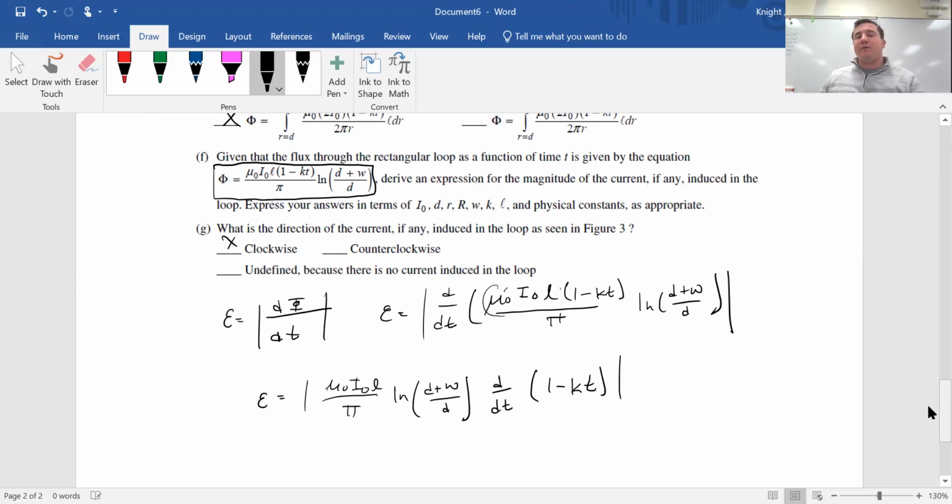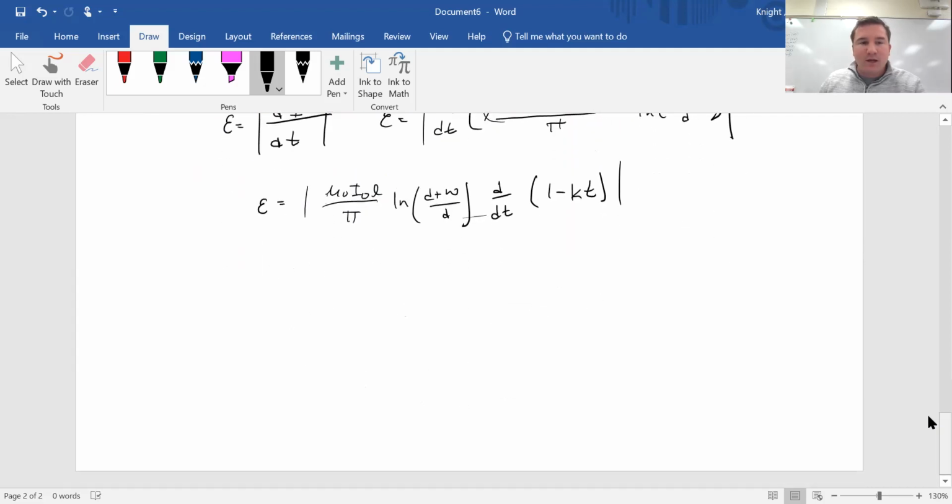The derivative of 1 is 0. The derivative of negative kt is negative k. So that pops out, and the negative sign disappears because of our absolute value. And we end up with mu naught I naught L k over pi times the natural log of d plus W over d equals the EMF.